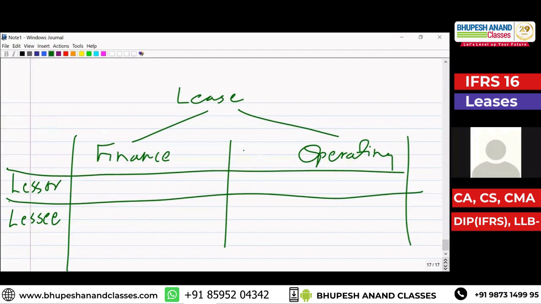Are you sure? Have a look here. The owner of the asset. Lessor means who lets the property to another, a landlord.